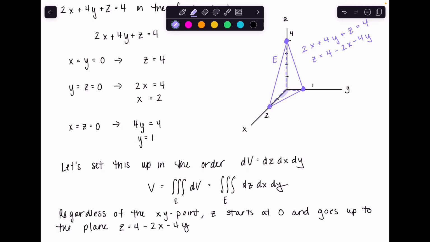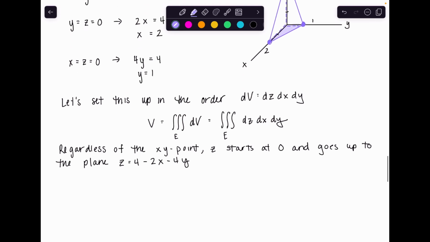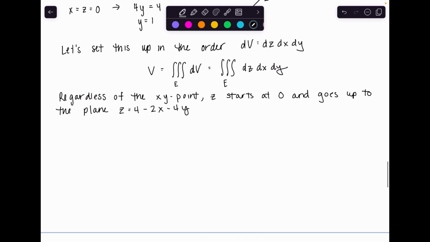What I need then are the x and y bounds, and that's determined by what's happening in the xy plane. So I'm going to zoom in just on that xy region now. To find bounds on x and y, look at what's happening in the xy plane.